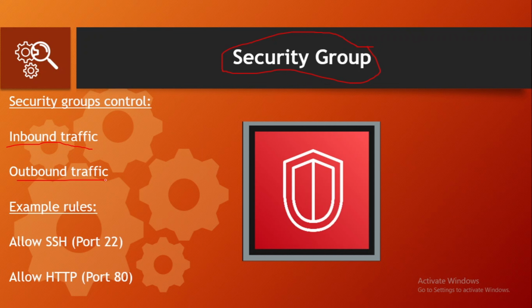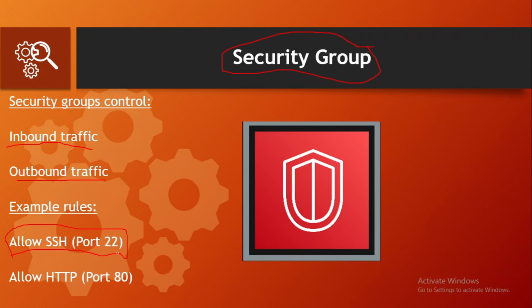Now let's look at some common real world examples. If you want to connect to your EC2 instance using SSH, which is how we log into Linux servers, you must allow port 22, which is SSH, in the security group. If you allow this inside your security group, you will be able to connect to your EC2 instance.